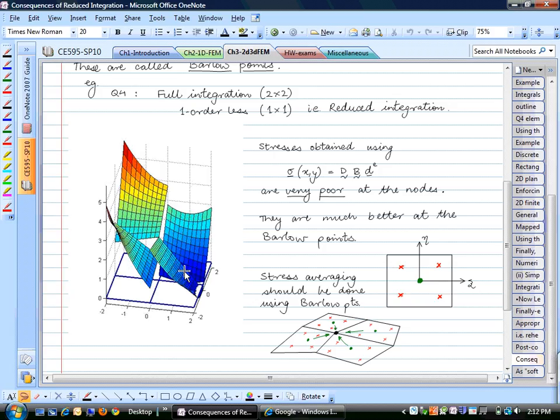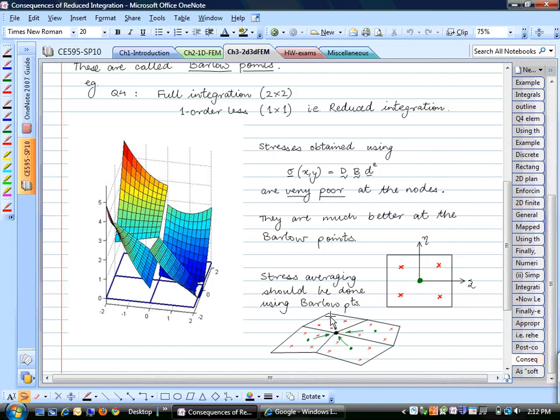And what that also means is, from this picture, it is hopefully clear that if you calculate your stress using this formula at the nodes, it is much worse than the actual value of stress. So instead, what we do is we calculate the value of these stresses at the Barlow point, and then we project that value. Let's say we are trying to calculate or do stress averaging for this point.